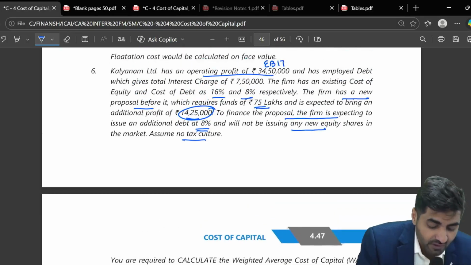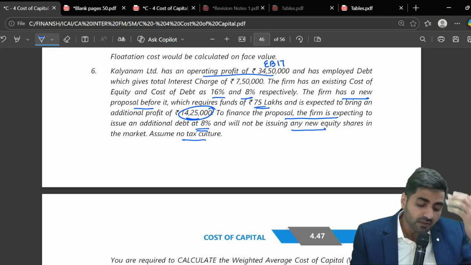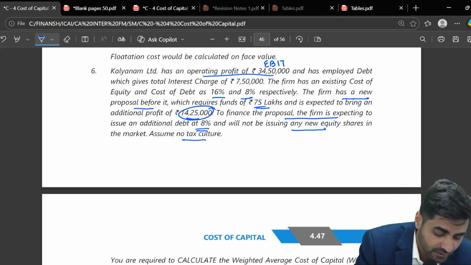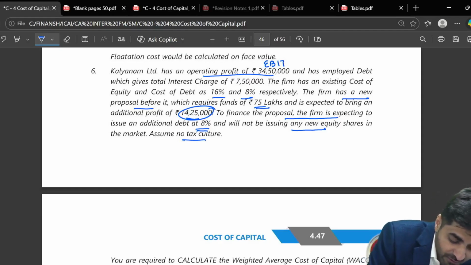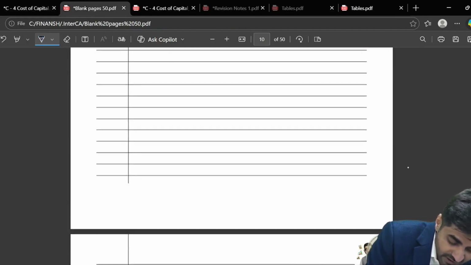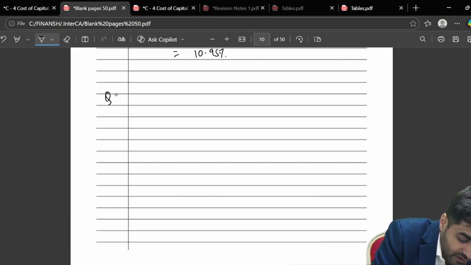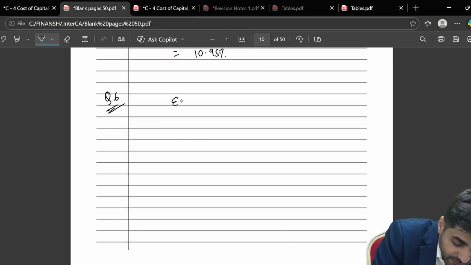Now, how will you approach this particular question? See, guys, in this particular case, what are the two sources? Just check. What's the amount of the EBIT which they have given? 34 lakh 50.